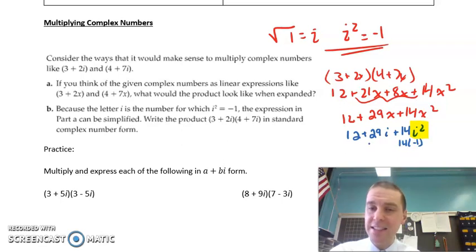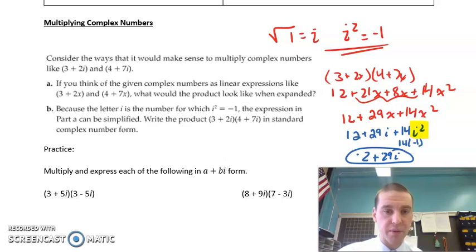And it now negates that 14. So I'm really going to get 12 minus 14 to get negative 2 plus 29i. And that would be the final answer to that one. It is in standard complex form, a plus bi form, so we did write the product in standard complex form. That's what we did in B.